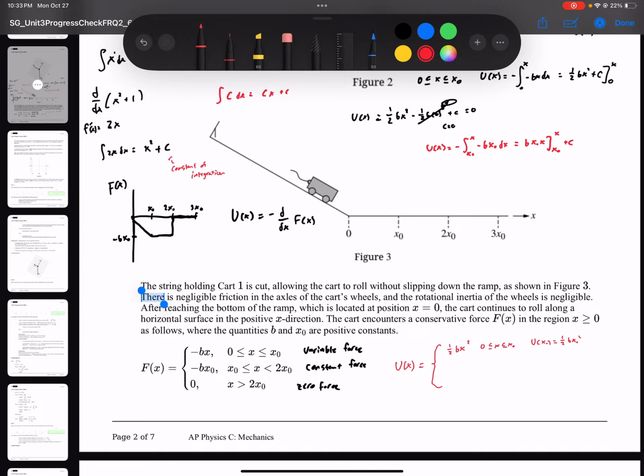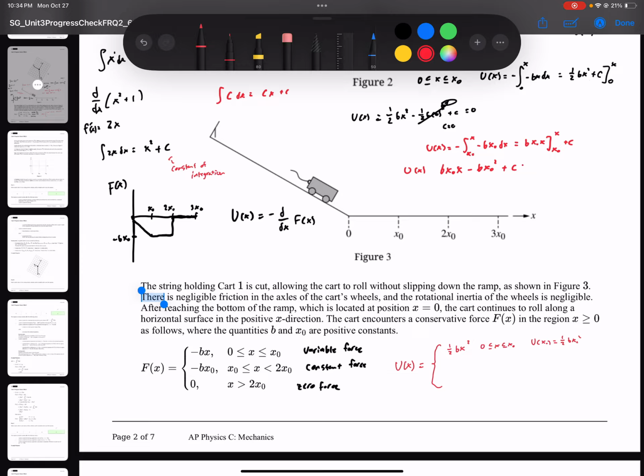All right, so when I evaluate this, let's write it all out. So I have b x naught times x. That's my upper bound. And then my lower bound here is x naught. So I have b times x naught, which is b x naught squared. But we can't forget our initial condition.